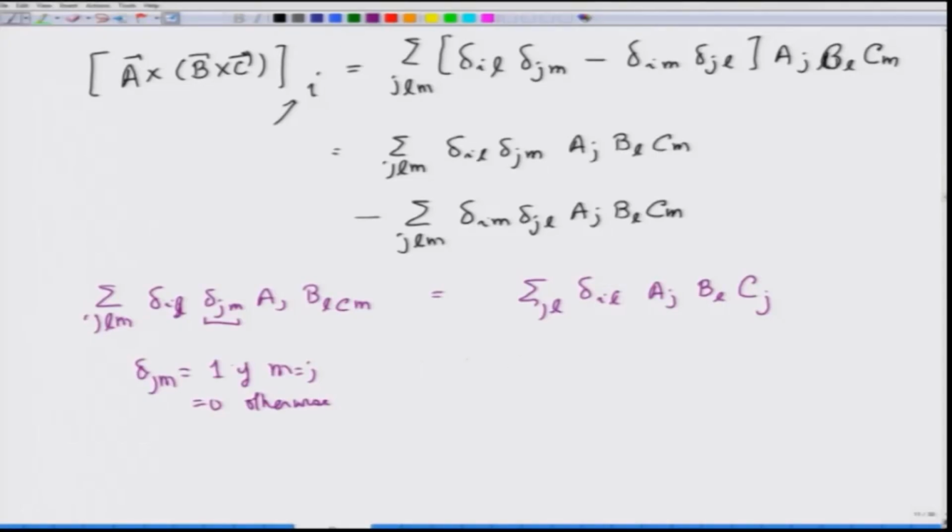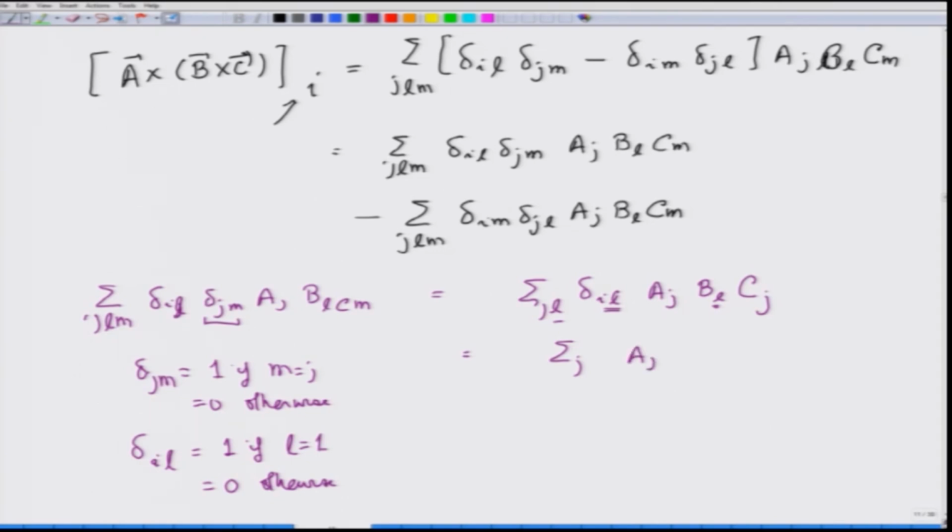Similarly, now delta i l is equal to 1 if l equals i, 0 otherwise. So I am going to sum over l, and I get summation over j, since delta i l forces l to be equal to i.